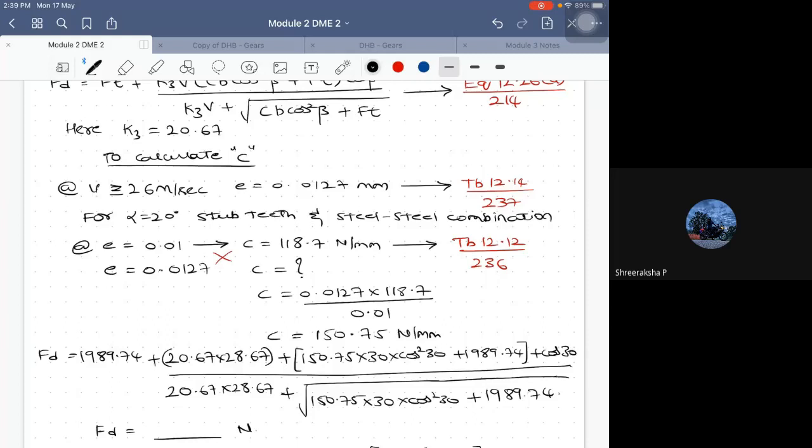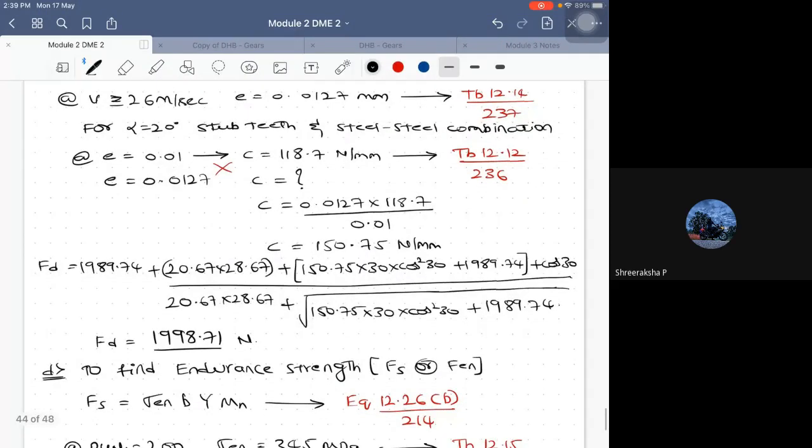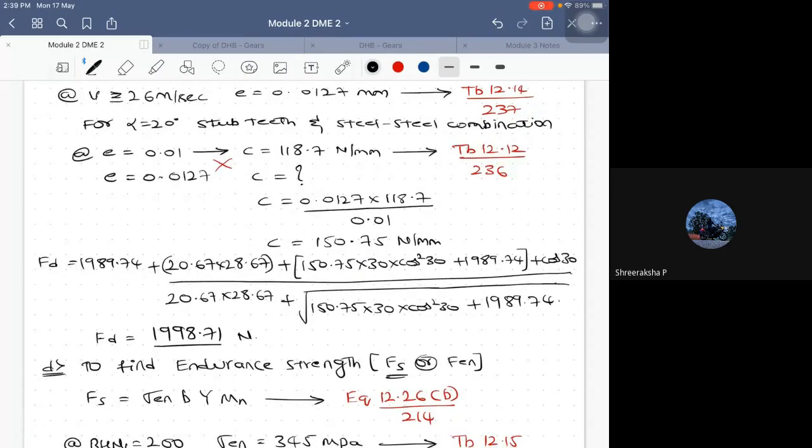How much is the value? 1998.71 newtons. As soon as you calculate your dynamic load, next go for the endurance load, which is represented as FS in your data handbook, or it is given as FEN. For that, go with equation number 12.26b, page number 214.